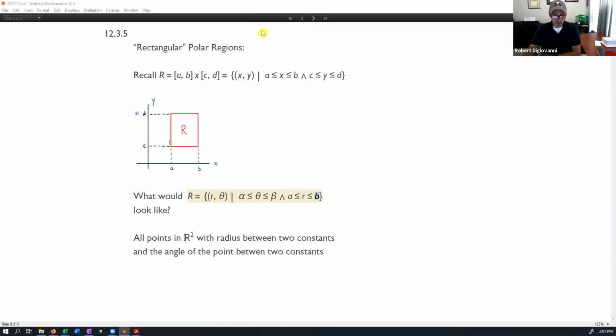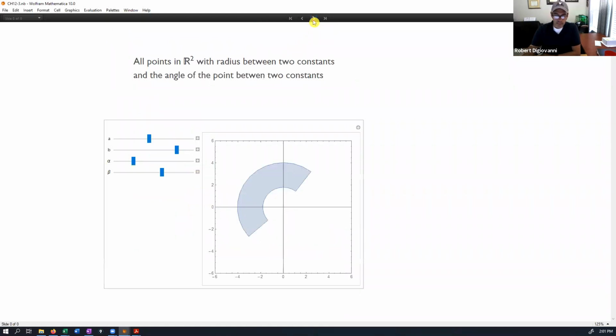Okay. Y'all ready to see it? There it is. This is what a rectangle looks like in polar coordinates. A rectangle meaning that the radius is stuck between two values. So I've got all the points.